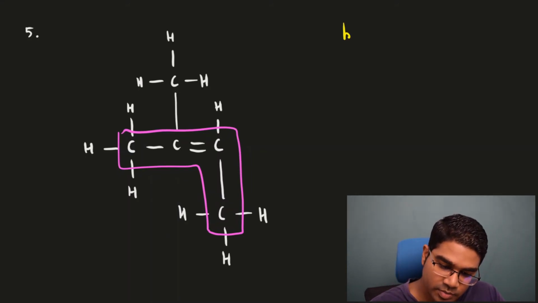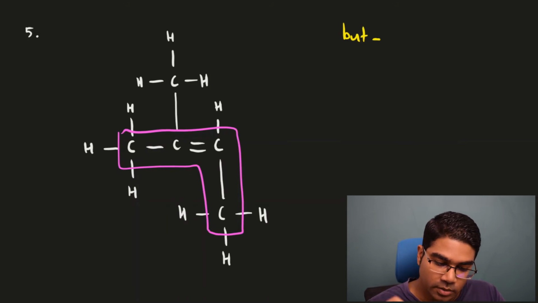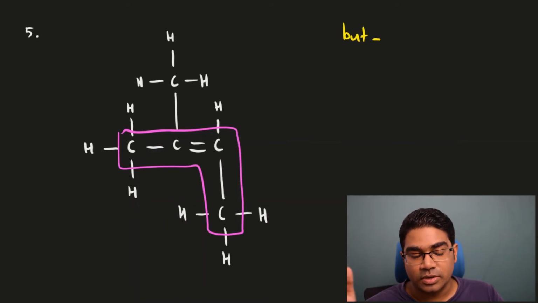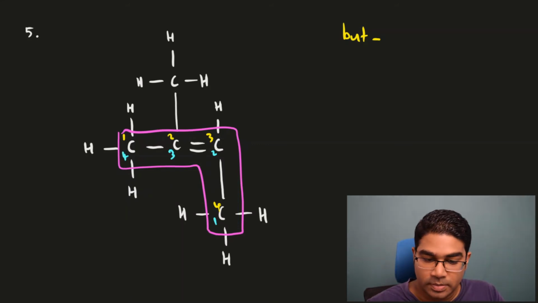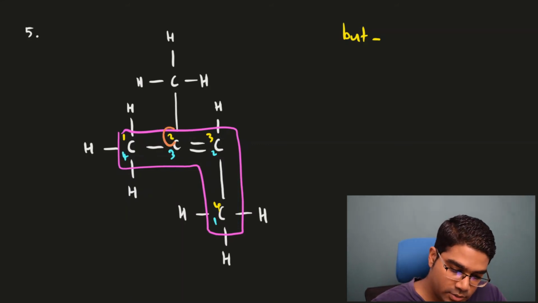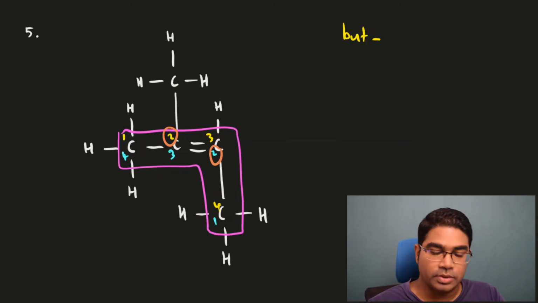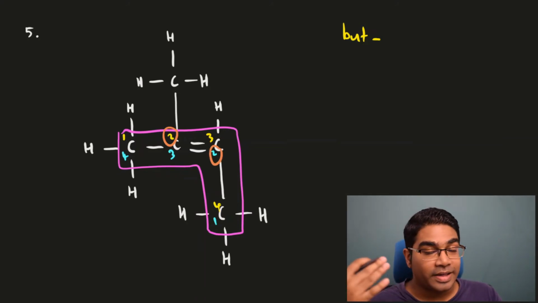Therefore, the base would be but. Now we have to identify the position of the functional group. So again, 1, 2, 3, 4, and from the other side, 1, 2, 3, 4. When we look at this, it is either 2 or 2. So you can see it is the same either way.